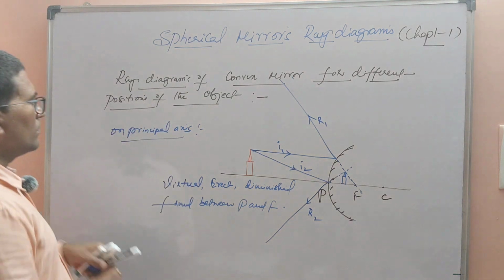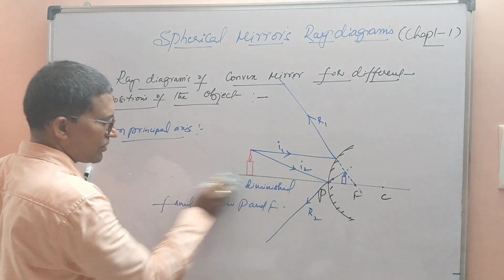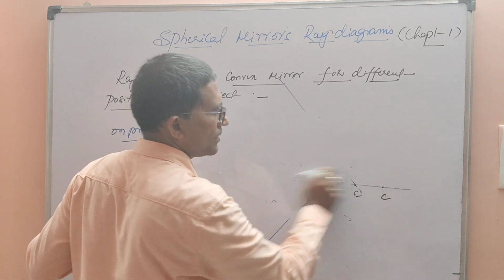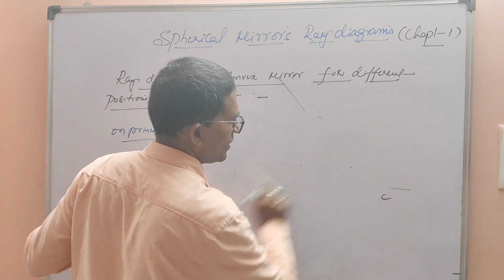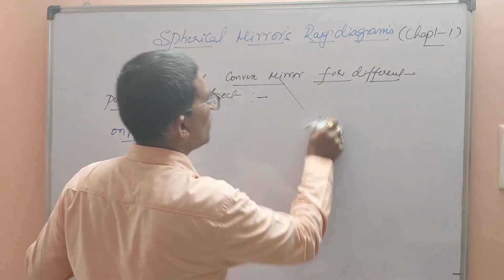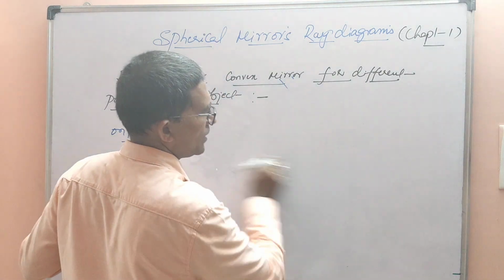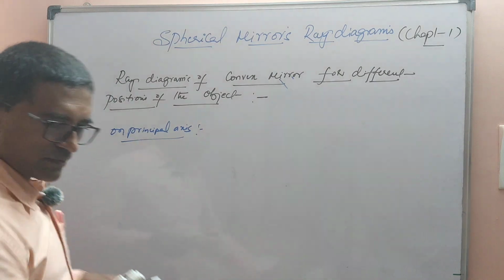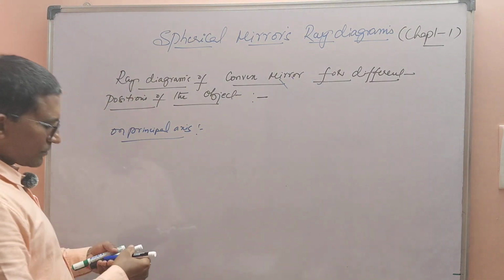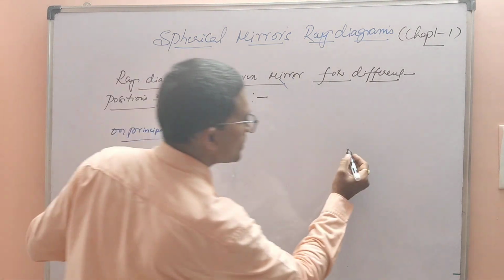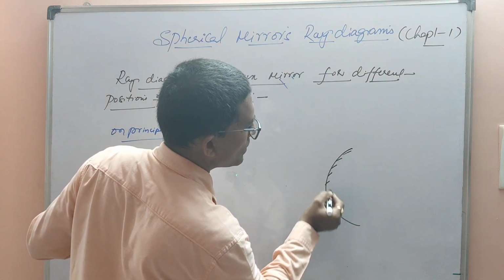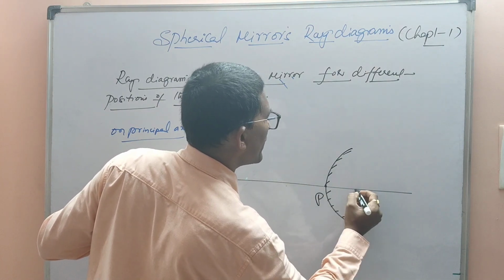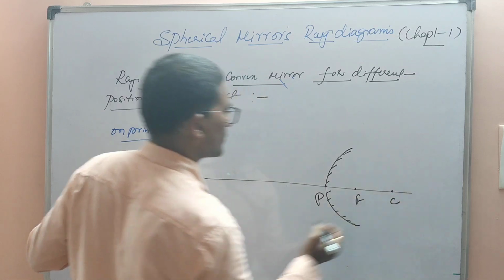Now, for the same position of the object, we are going to draw this ray diagram differently. That is the behavior of the rays when they pass through the center of curvature. Remember that. Here it is the pole, here it is the focus, and here it is the center of curvature.